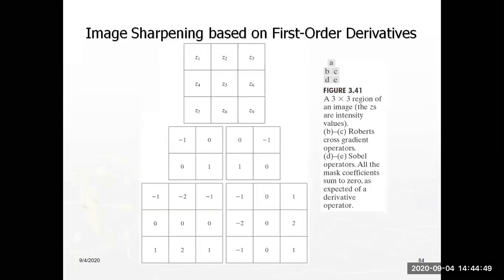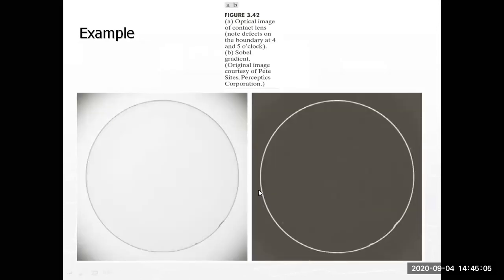So how many types of masks are there? The first one is the Roberts operator, and the other is the Sobel operator. If you operate these two masks on the image, how will the sharpening happen?